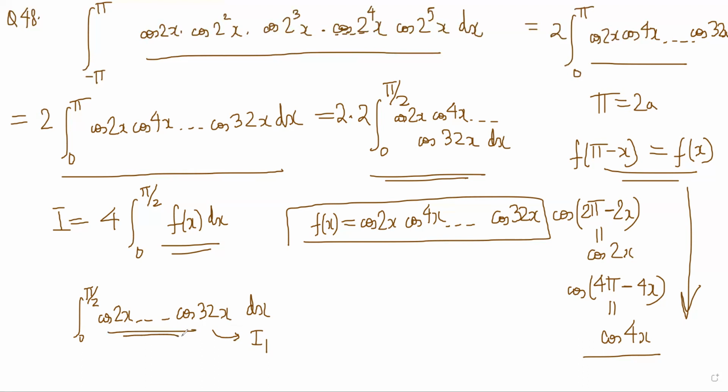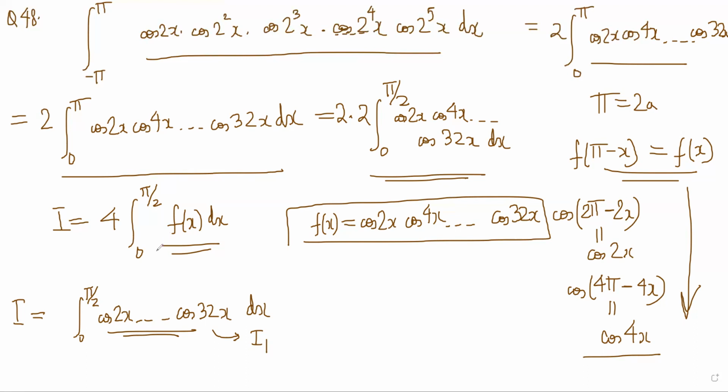This is the expression that we have. And if I use the pi by 2 minus x, a plus b minus x property again here, that doesn't seem like it will do much. So what we are getting is I, the original integral, is equal to 4 times f of x.